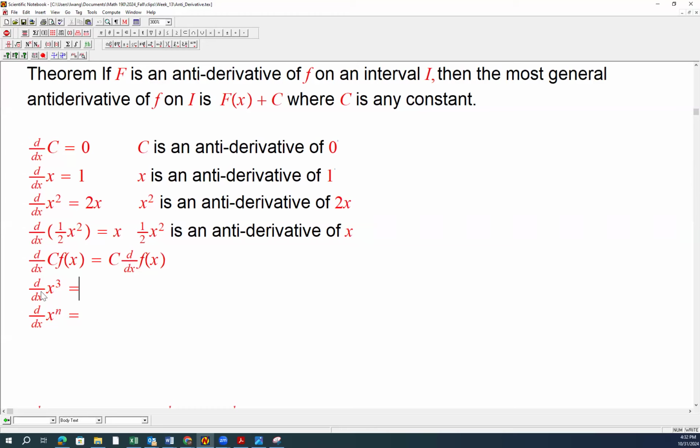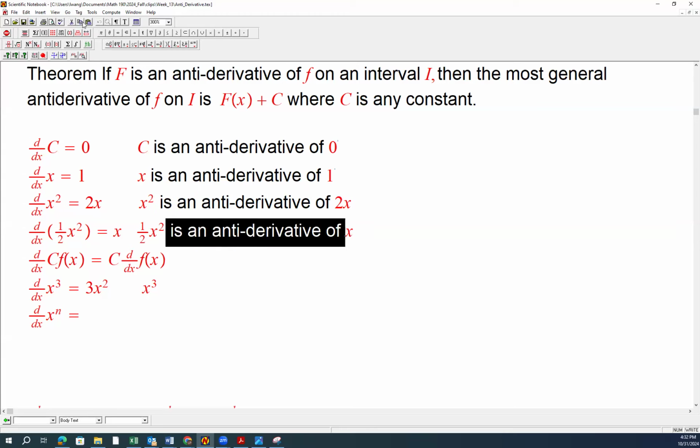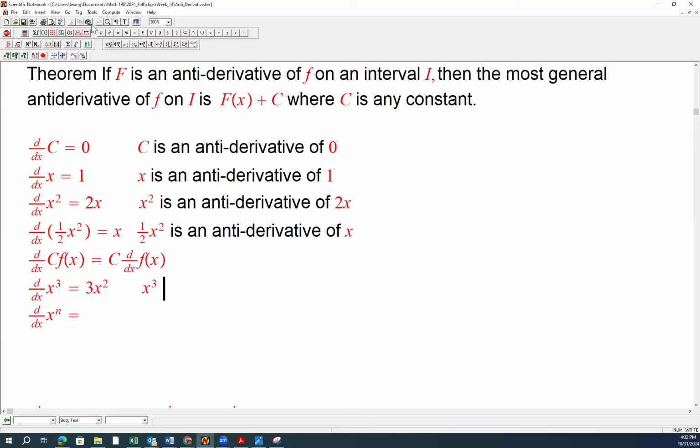The derivative of x to the power 3 is 3 times x squared. And then, of course, like we did before, x raised to the power 3 is an antiderivative of 3x squared. And you know what I'm going to do next, right?